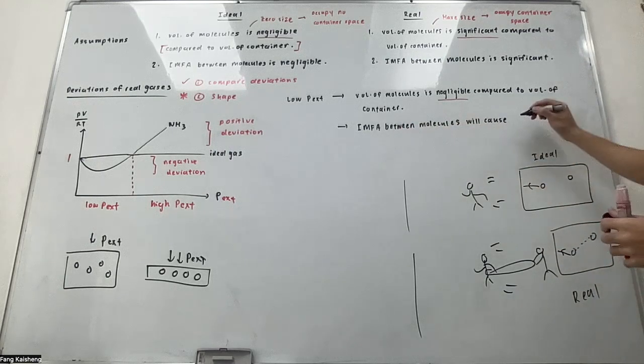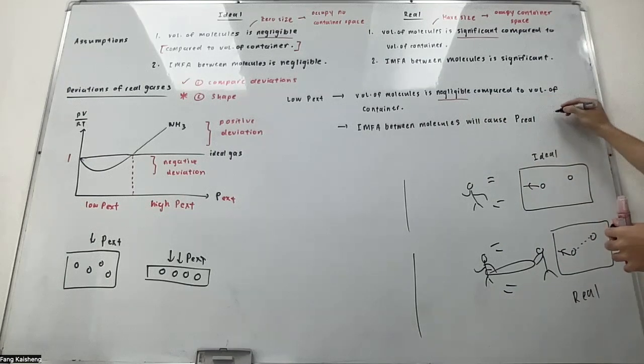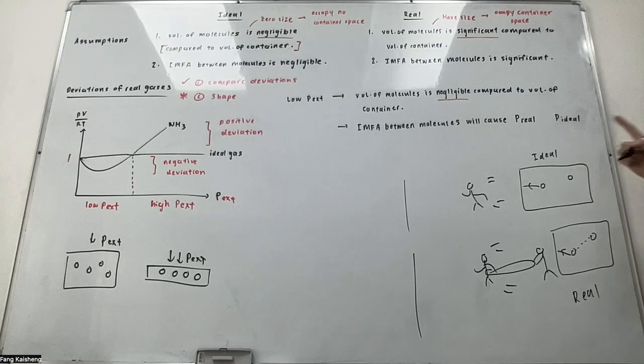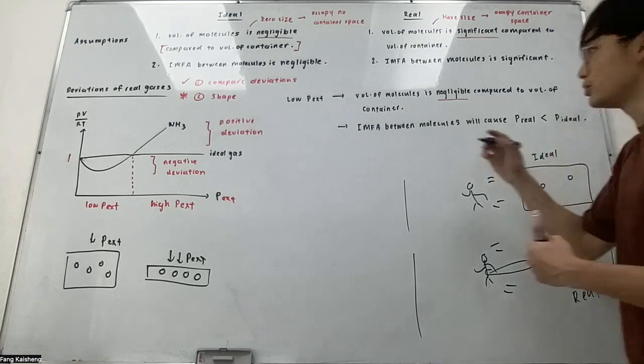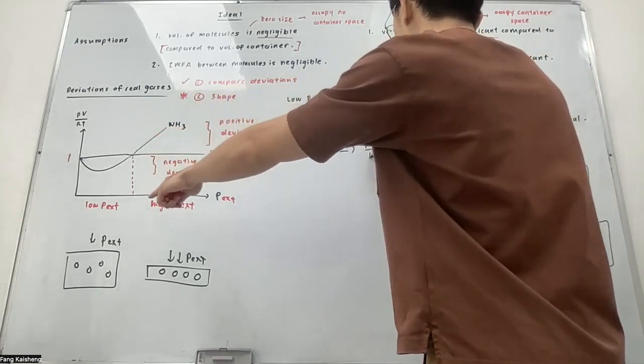So the intermolecular forces between molecules will cause the real gas pressure to be higher or lower than the ideal gas pressure? Lower. Can you see what I'm doing here? Ideal has no intermolecular force, so pressure is very high, but the pressure of a real gas is lower. So come back to the y-axis, PV over RT.